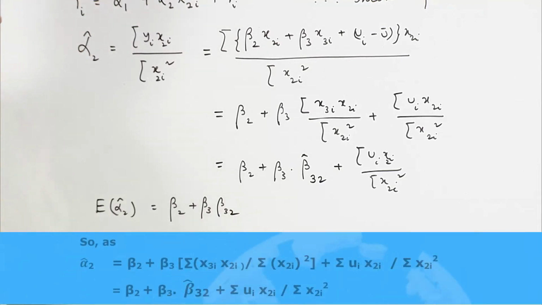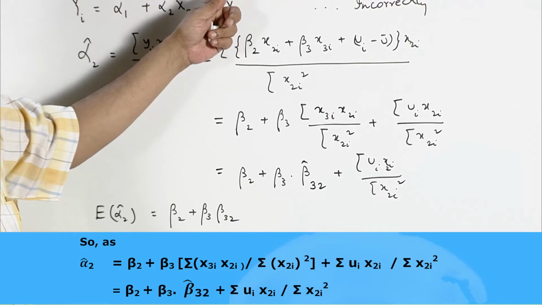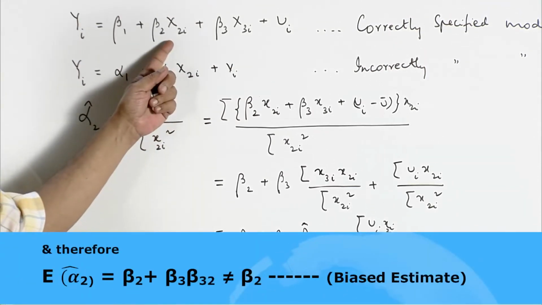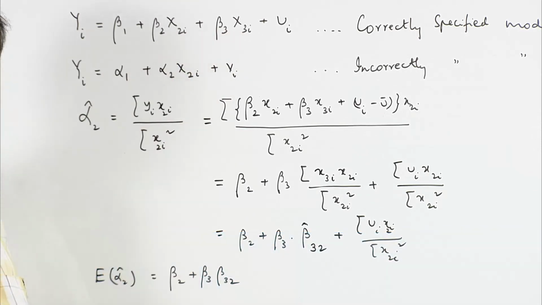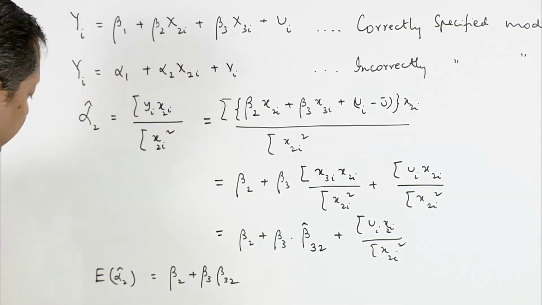So, what happens is, although variable x3 has been omitted from the model, it shows up through its correlation with variable x2. If x3 and x2 are correlated, then the omitted variable shows up through its effect via x2.